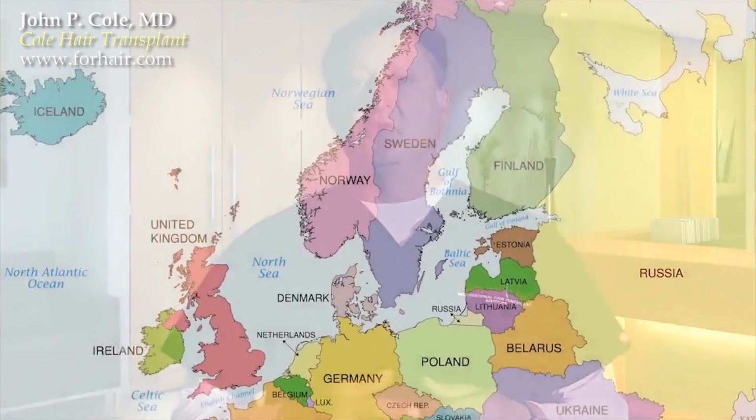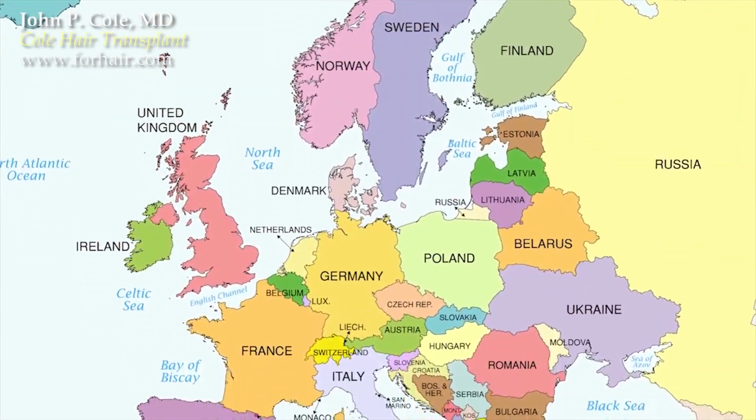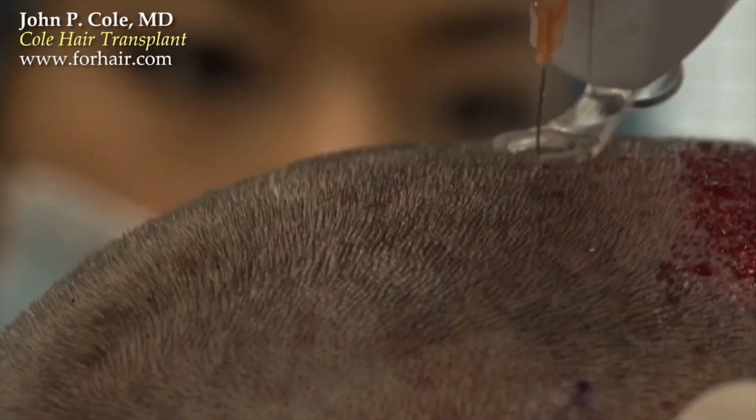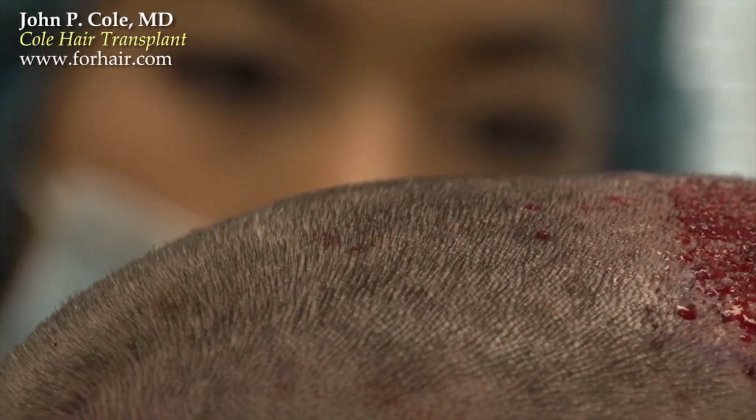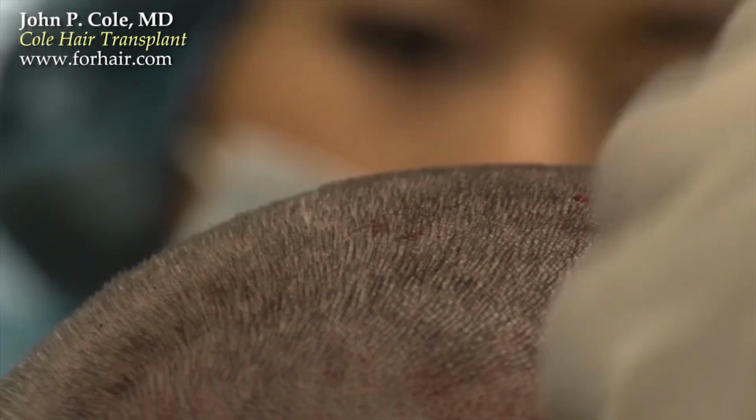The use of follicle stem cells for hair regeneration is an emerging trend predominantly in Europe. In Europe, they are currently studying the administration of follicle stem cells back into the areas of hair loss or hair thinning with some interesting results.